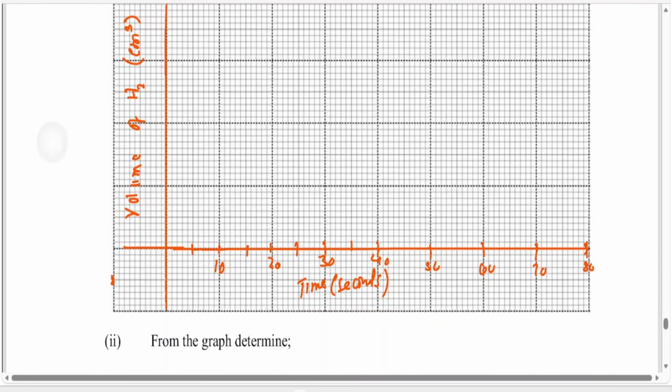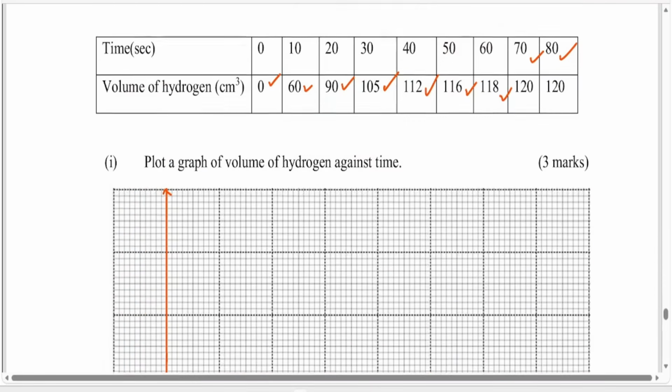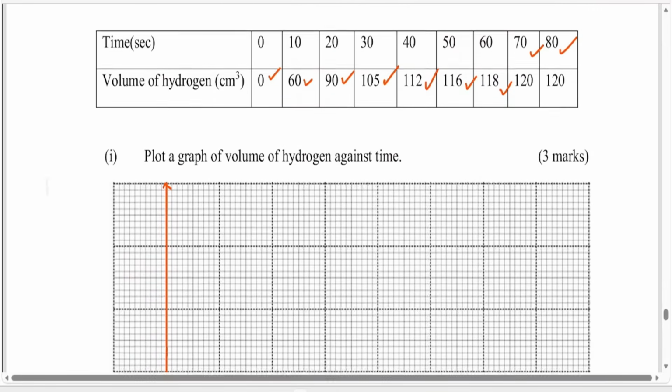Then for the volume, the largest is 120.